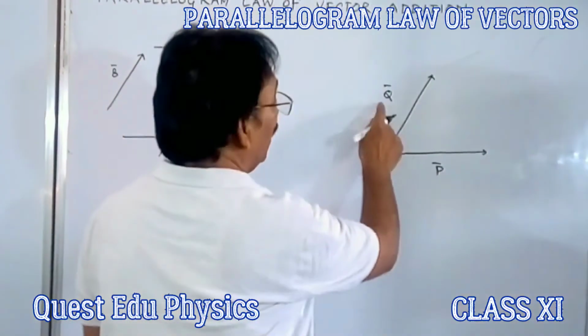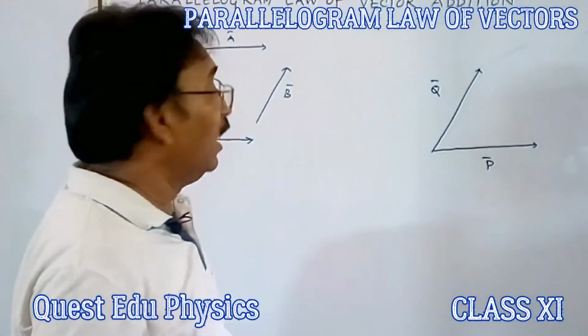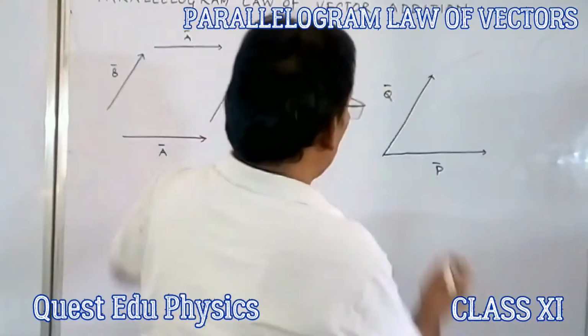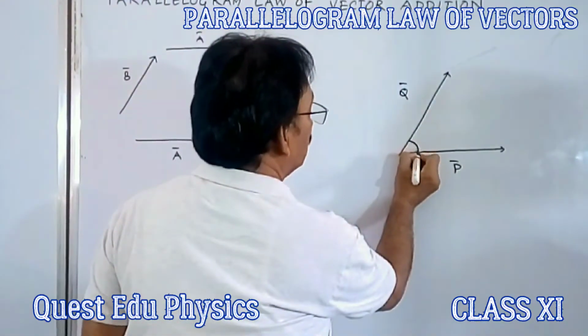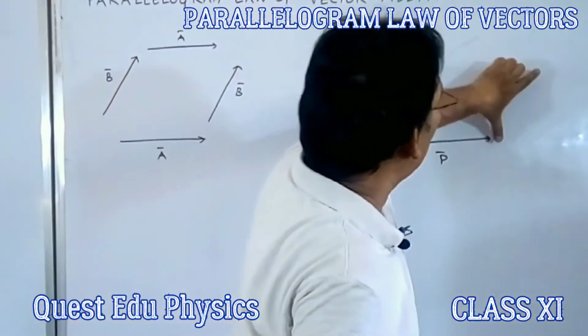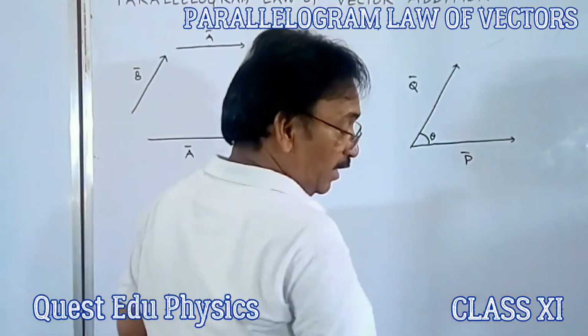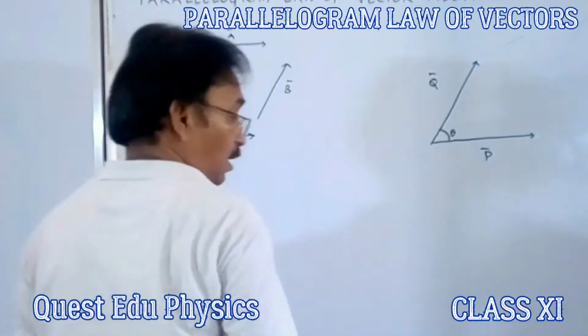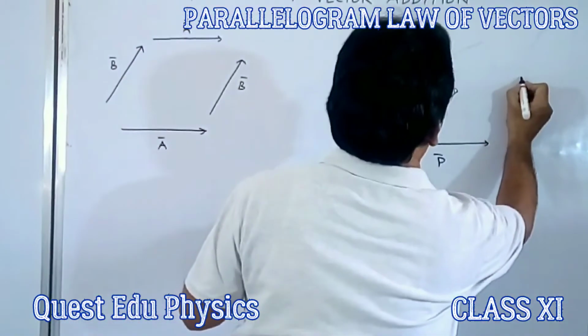It is p bar and it is the q bar. And what I am doing, it is the angle between the two vectors. Here I am transposing this. I am bringing the vector to this point.